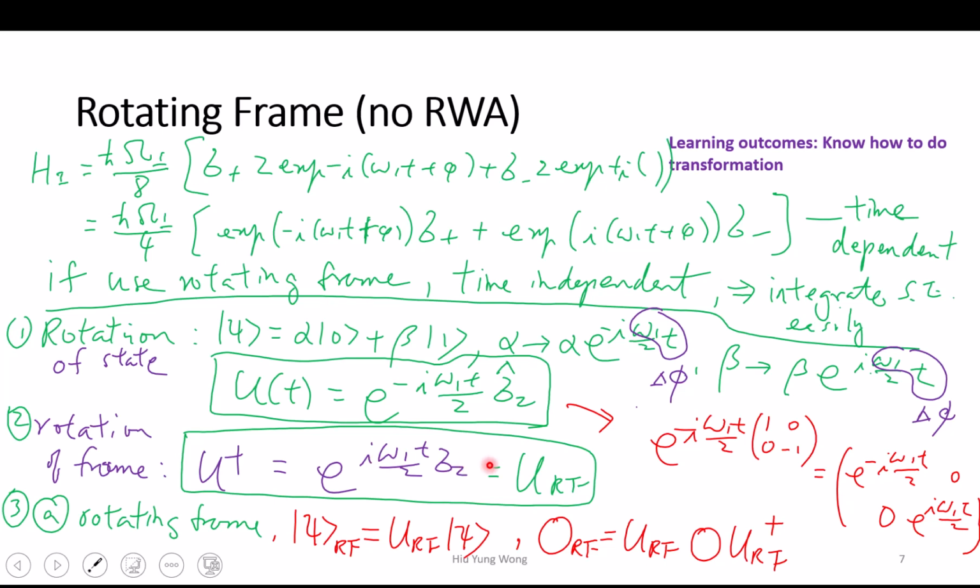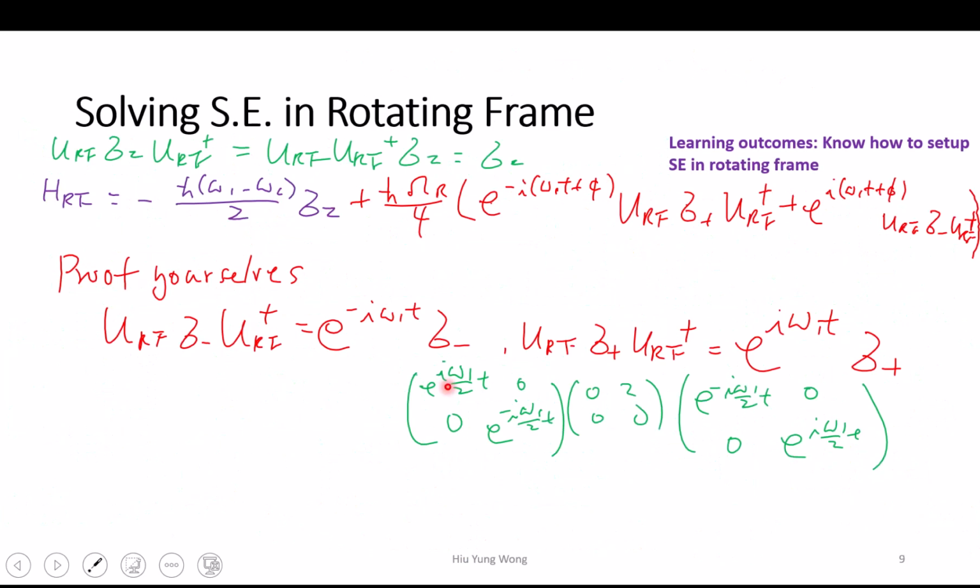Because of this, the z is 1 and negative 1, so I get positive and negative. And then the dagger is negative and positive, right? So this is what we have here. We are requesting URF sigma plus times URF dagger, right? So this is what I have. If you go through the math, this times this, you only get one term, which is 2 e to the power I omega 1 divided by 2.